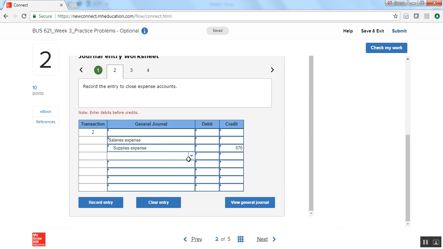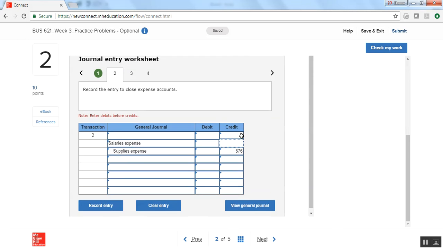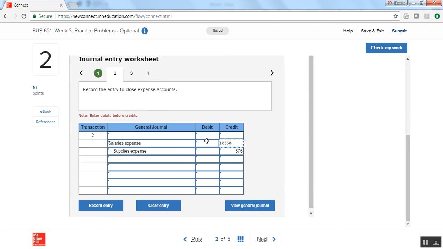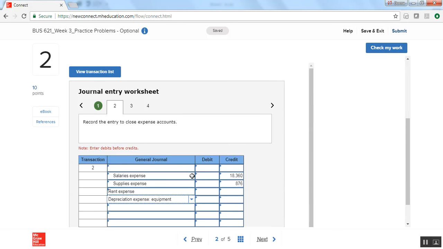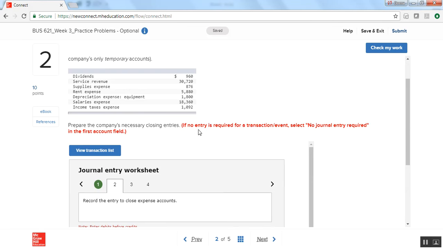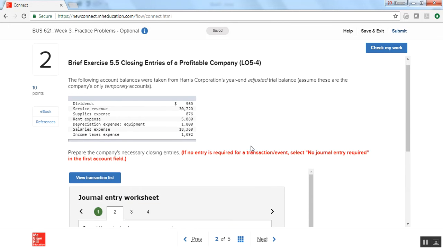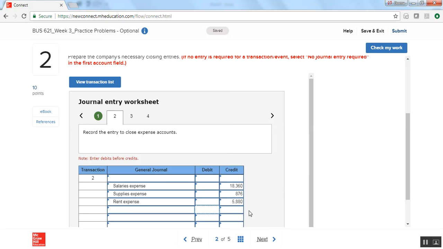Rent is $5,880, and depreciation was $1,800.